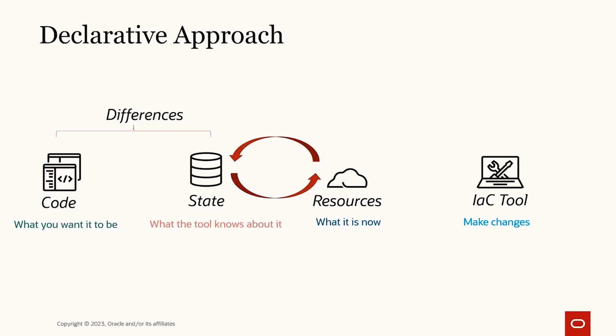And so the IAC tools compare what Eli has said he wants these resources to look like, and then the state of what they last were known to be, and then of course what they are today. And then it essentially does a delta between those, being able to say, oh, I need to update this resource, I need to destroy this other resource, and I need to add these additional resources. And it does it in an intelligent way to where I don't have to be aware of dependencies or relationships between different resources. It manages that for me.